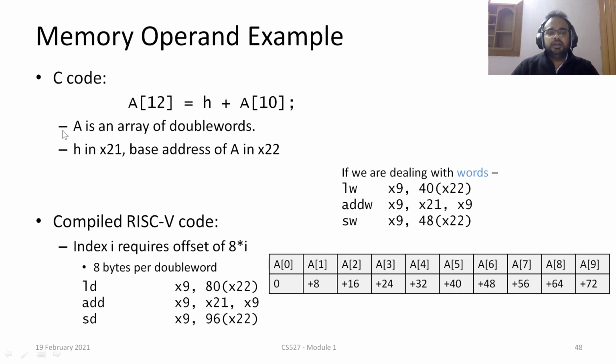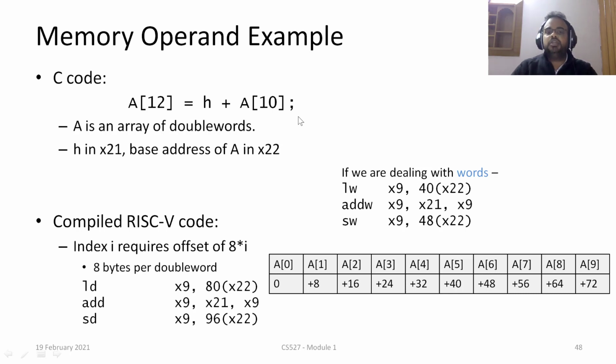If the array A was not made up of double words but rather of words, then we have load word and store word instructions, and addw also. It will add two data items which are of size 32 bits. So accordingly the offset will also change.